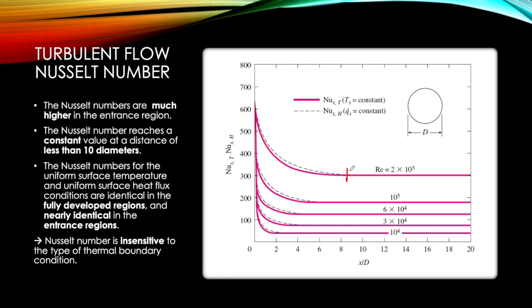So this region is actually the fully developed region, and this region is the entrance region, and then this is the thermally fully developed region, where we know that the Hx will be constant, the same as the Nusselt number, which will also be constant at the thermally fully developed region.